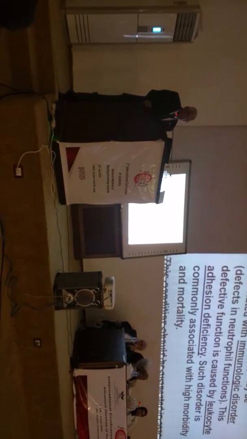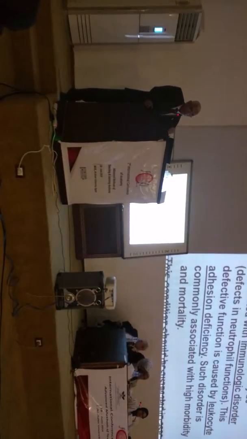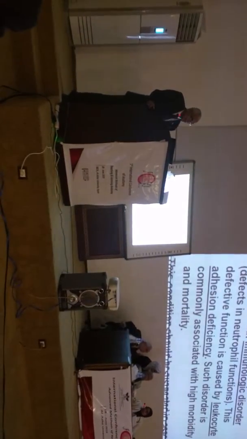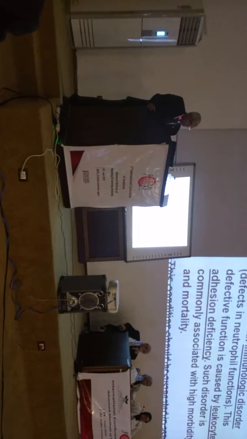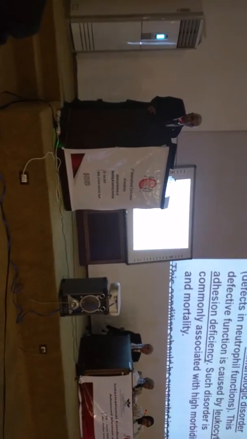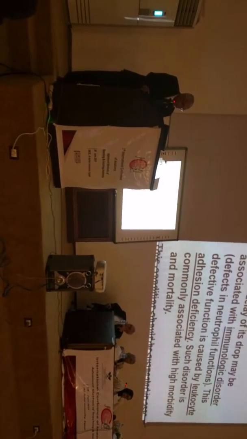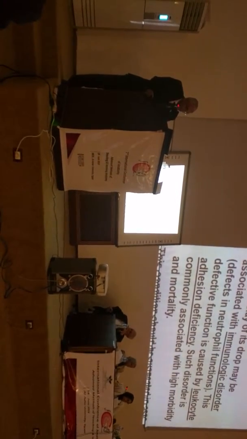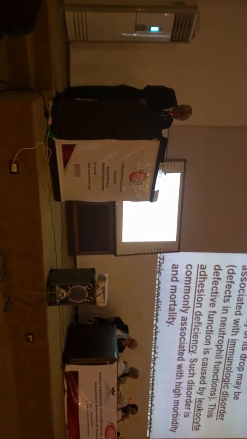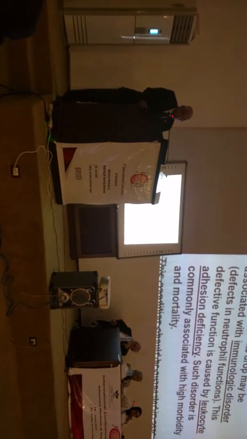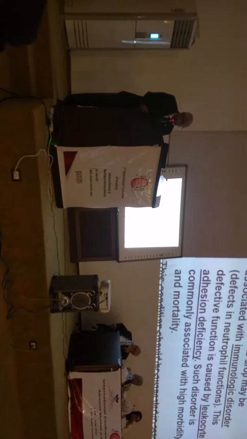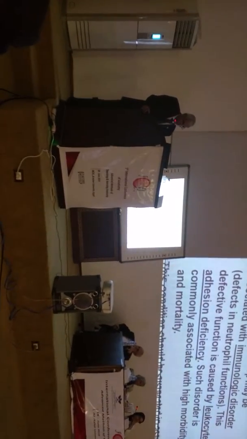We can expect this immunological disorder if we find this delay, for example, 1 month for the umbilical stump. This immunological disorder is leukocyte adhesion deficiency, associated with high morbidity and mortality, and also with high risk pregnancy.